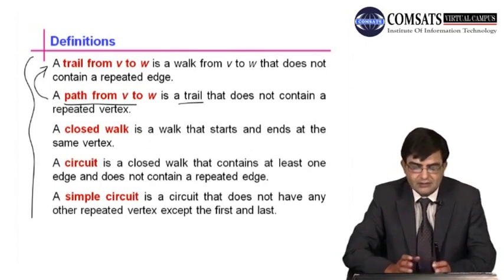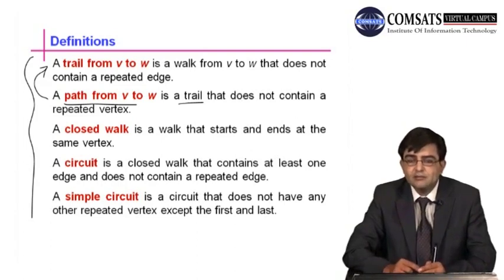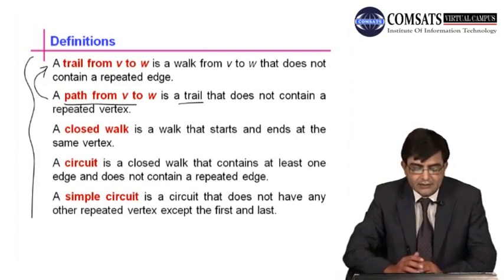This is the same condition as a trial, but in a circuit the starting and ending point must be the same, whereas in a trial they may be different. A circuit should contain at least one edge. This is another condition, and a circuit should not contain a repeated edge.